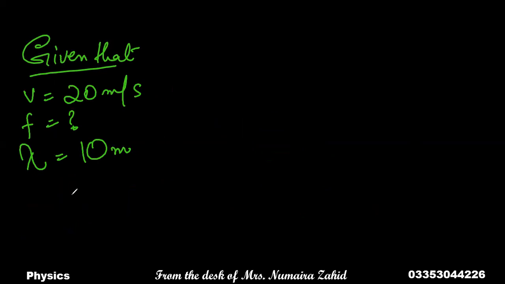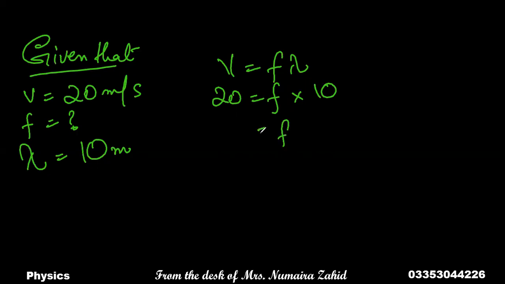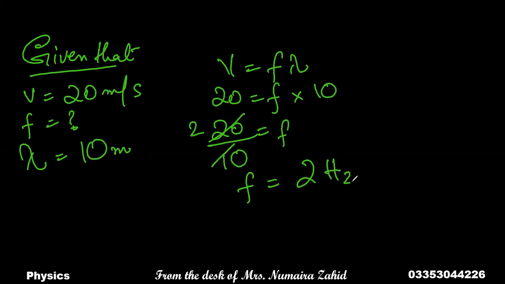Applying the same relation, V is equal to F lambda, frequency is the unknown value, and we can make it the subject by dividing 20 by 10. So frequency is 2 hertz. This is how we can find frequency of a wave if we know its velocity and wavelength.